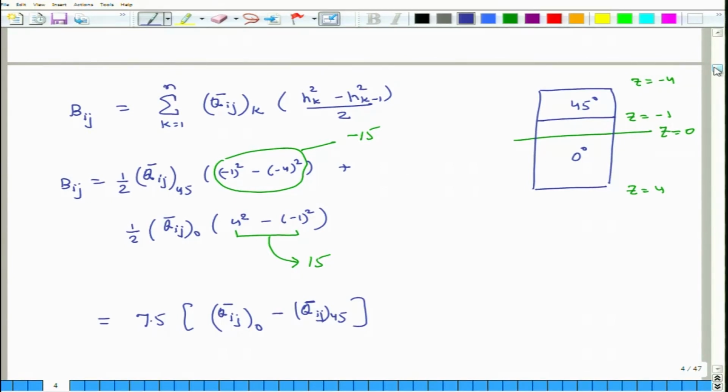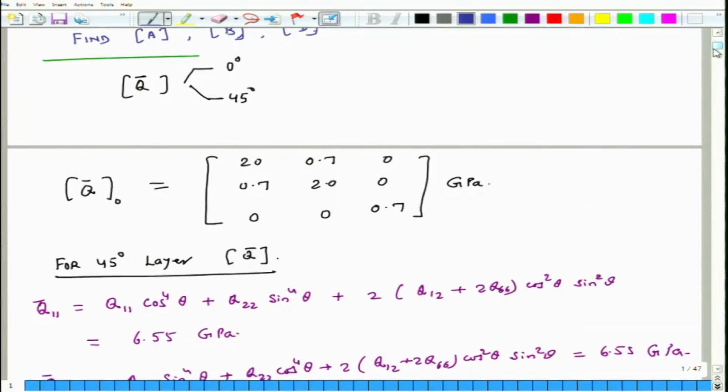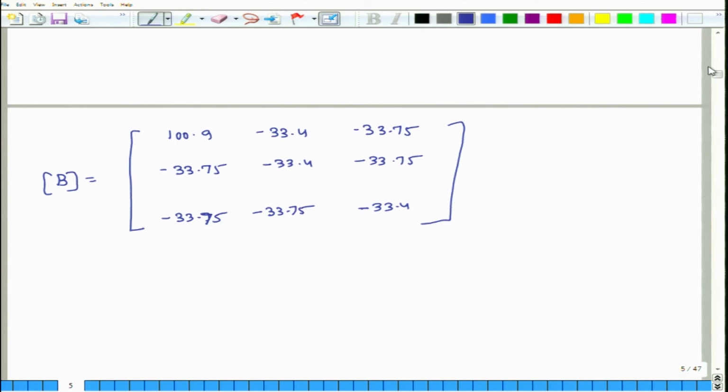If the lamination sequence across the mid plane is symmetric, then it will be zero. But Qij bar for 0 degrees and 45 degrees are not the same. They may be symmetric matrices, but the matrix will not be 0. Oh, yeah, you are right. This I wrote incorrectly. So, this should be minus 33.4. Yes, you are right.